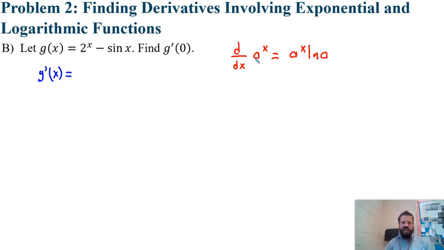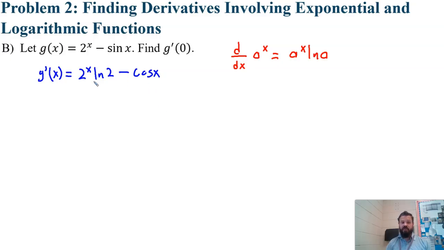So in this case, the a is our 2 here. So that derivative would just be 2 to the x times the natural log of 2. Then minus the derivative of sine of x, which we know is cosine x. We've done a few of those already.